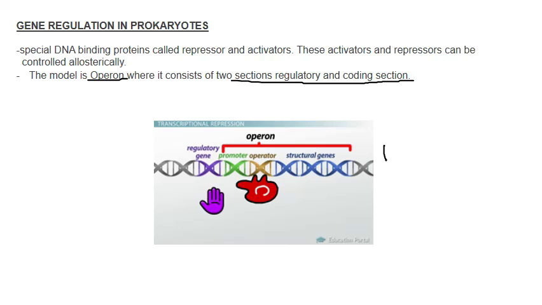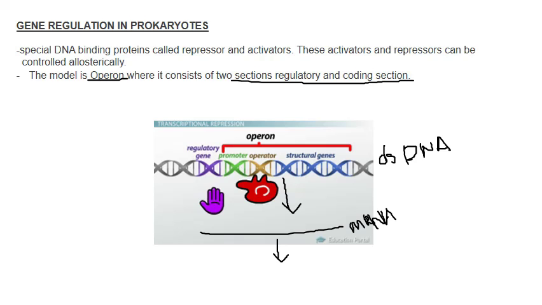For example, this is a double-stranded DNA sequence. From the double-stranded DNA sequence, we would like to synthesize mRNA. From mRNA, we would get the protein.